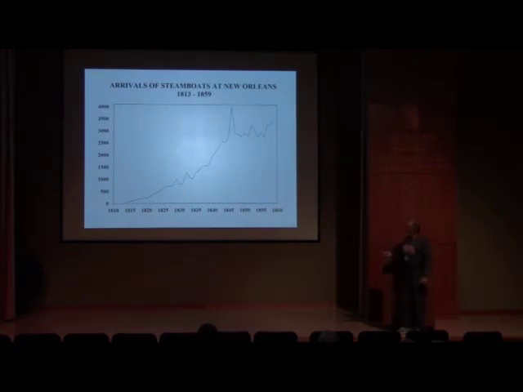This is to show you the importance of steam. And this is the arrivals of steamboats in New Orleans from 1813 to 1859. You see how quickly, and cotton, of course, was preeminent in supporting this development.